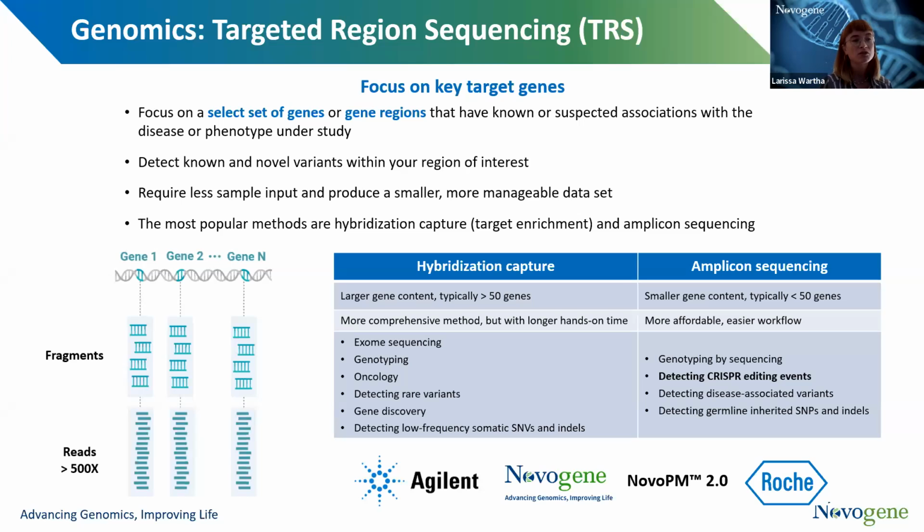Or you can do some amplicon sequencing, where you amplify the regions and sequence those amplicons. That could be another approach. But generally, yes, you can. You don't have to sequence the whole genome. You can also look into generating your own panel, for example with Agilent or some other company.